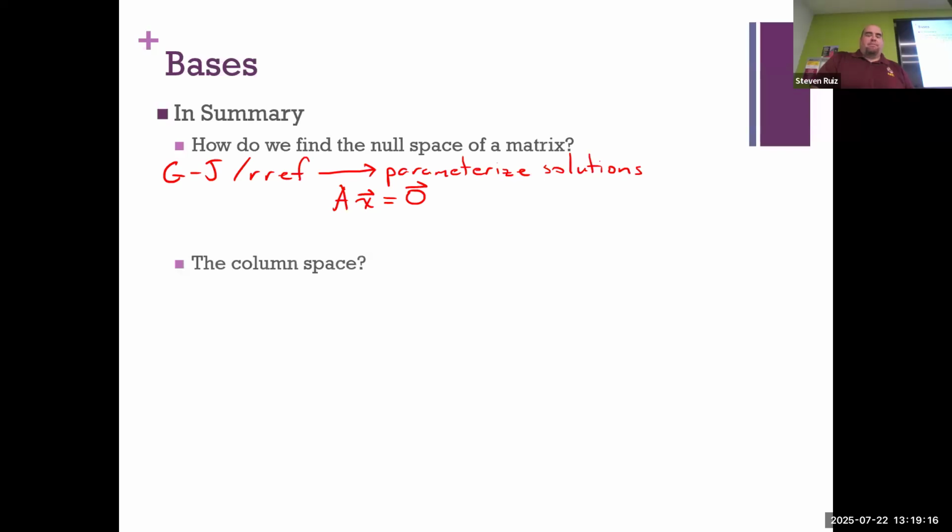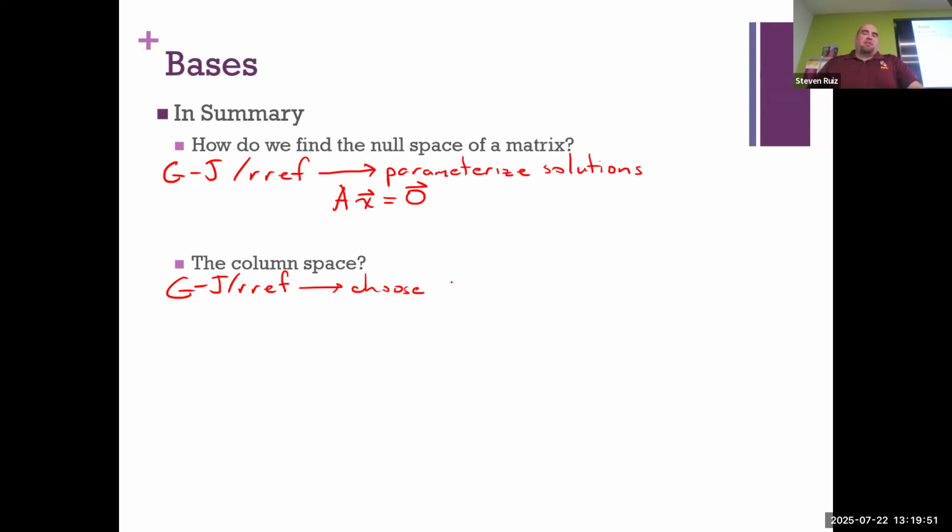How about the column space? How do we get that? Also the same. So basically this one process can buy you a lot of these, right? But what did we do differently? After we had the reduced row echelon form, what did we do differently? You're so close.